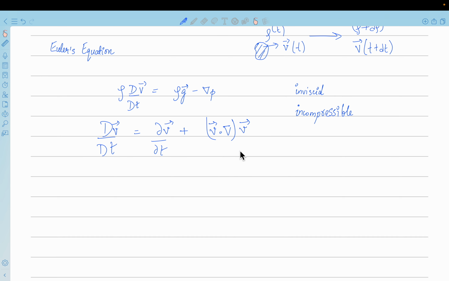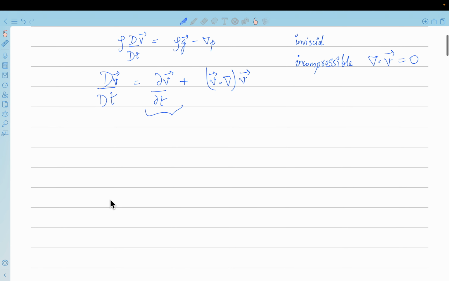Now if we further write the condition of incompressibility, that gives us del dot v is equal to 0. And what is dou v by dou t? That's the local acceleration of the fluid element that you have considered.